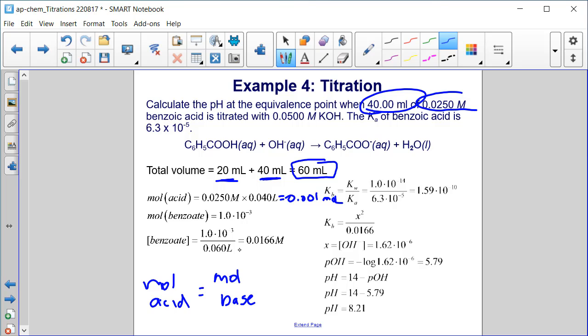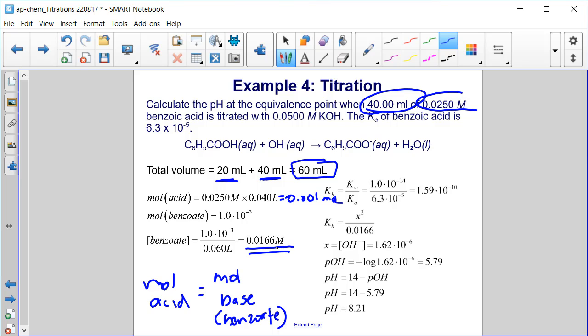And in this problem, the base is the benzoate ion. So if this is my moles of acid, it's also my moles of base, 1.0 times 10 to the minus 3. Then I can find the concentration of that base at the equivalence point if I divide the moles by the total volume, the 60 milliliters or 0.060 liters. So I get a concentration of the conjugate base at the equivalence point of 0.0166 molar.